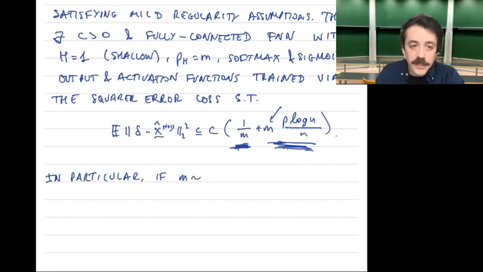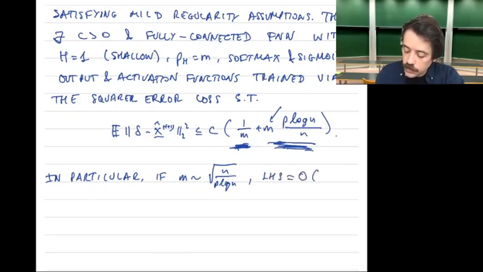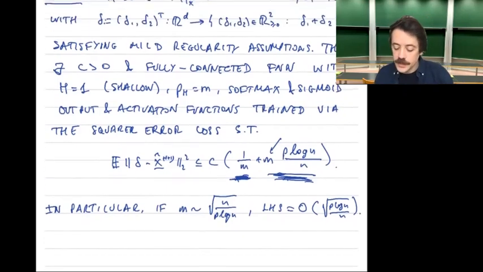And this here is of order n over p log of n. And so in this case, the left hand side is O of P log n divided by n. Okay.